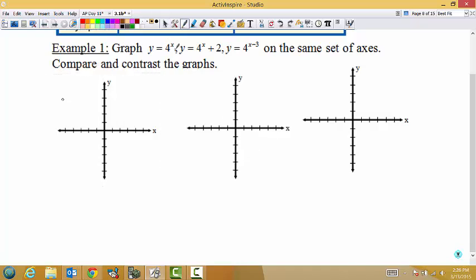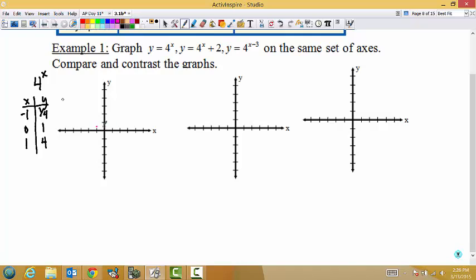4 to the x. If I'm not sure how to graph it, I can make myself a little xy chart. Negative 1, 0, 1. 4 to the negative 1 is 1/4. 4 to the 0 is 1. 4 to the first is 4. So it'd be negative 1, 1/4.